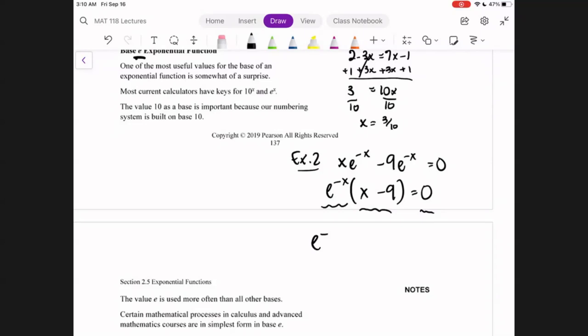So if you think about it, can this ever be 0? It never works. Remember, e to anything can never be 0. It's always strictly positive. But what about x minus 9? Can this give me 0? Yes. So x would equal 9 here. So that's your result.